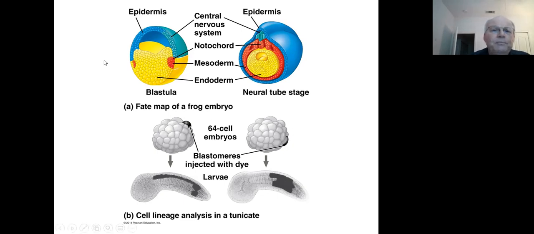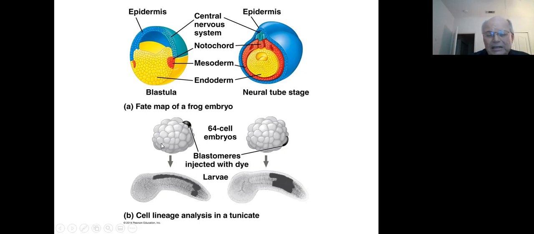So how do we, in modern terms, carry out a similar sort of fate mapping? Well, we have available to us now non-lethal dyes, non-toxic dyes that you can inject into any cell within a developing embryo. So in this case, it's a 64-cell embryo.